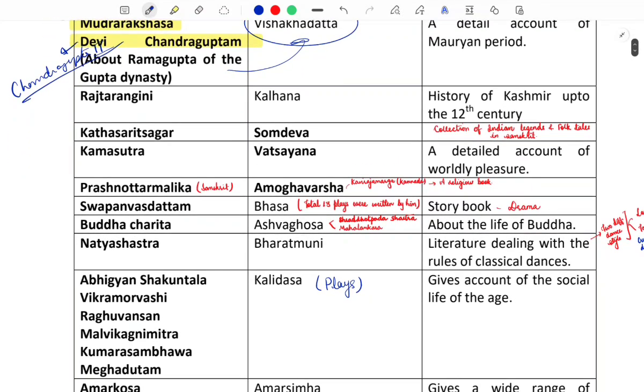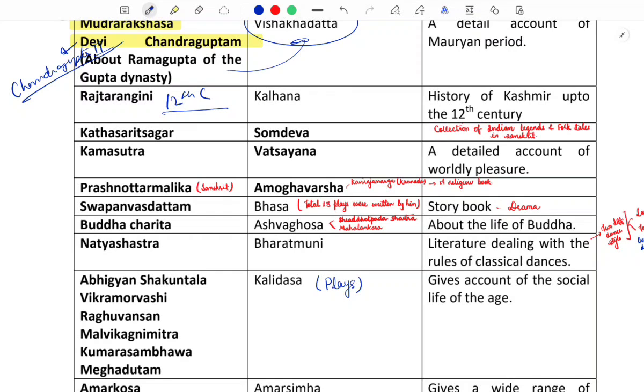Apart from that, Rajatarangini is a 12th century writing by Kalhan, and according to historians, this is the first and the most reliable source of a truly historical nature in ancient India.